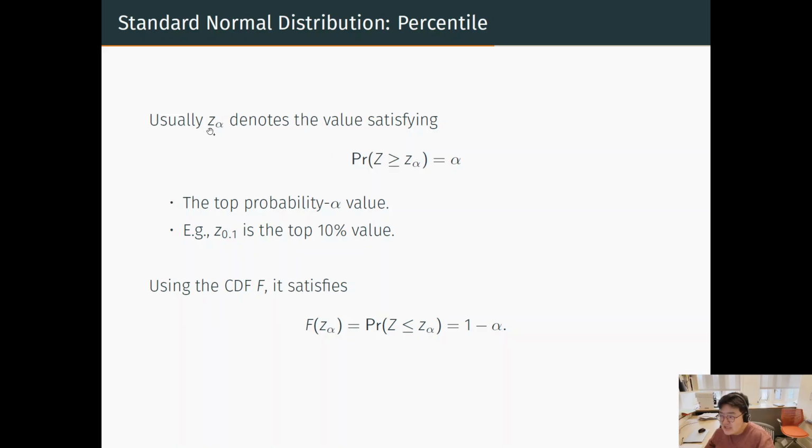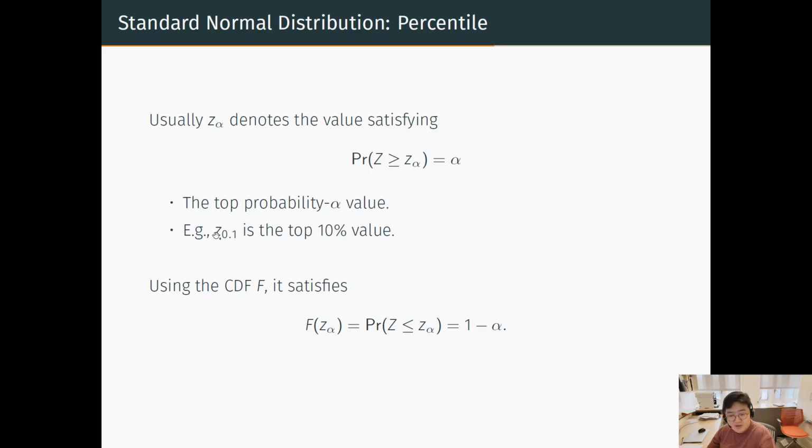So in this notation, alpha is the probability counting from the top. I don't like this notation, but it is the convention. I cannot change the notation, even if it is inconsistent. I have to follow that, and you have to follow that.